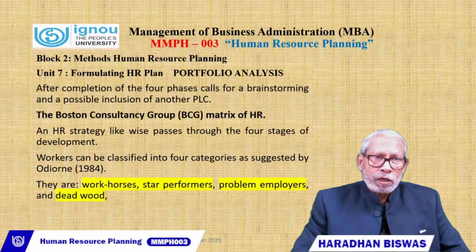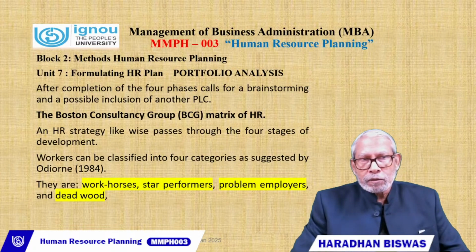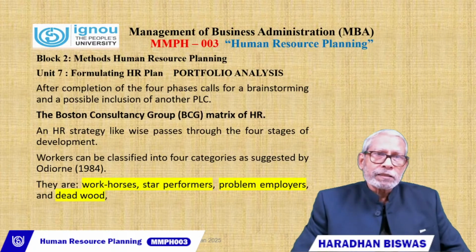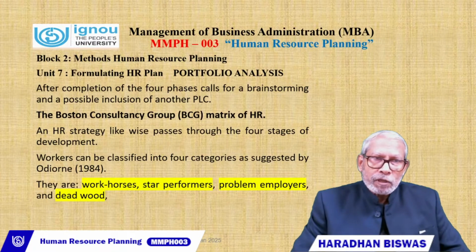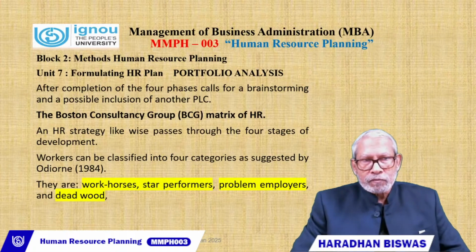Another popular analysis is from the Boston Consultancy Group. That is the BCG matrix of HR. And HR strategy likewise passes through the 4 stages for development. Workers can be classified into 4 categories as suggested by Wardrums, 1984.